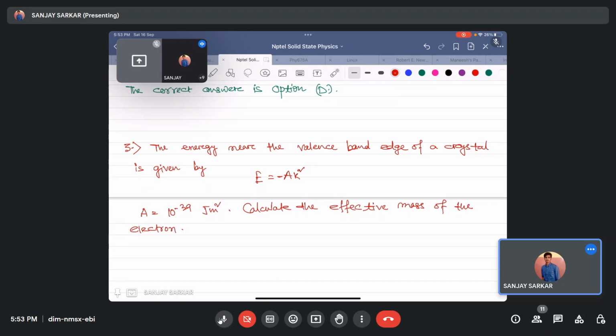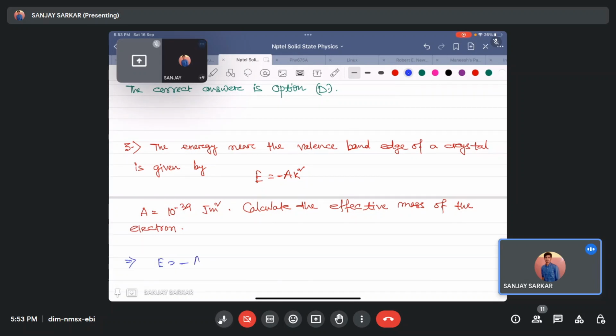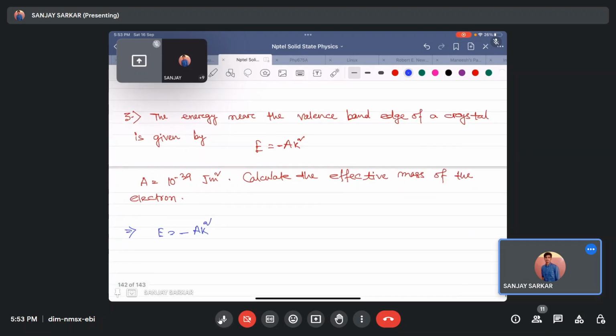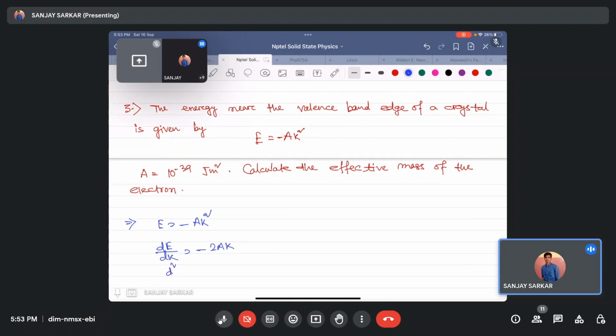Well, so let's do this. E is given as minus a k square. What you need to do is dE by dk and d2E by dk2, so you will get minus 2ak, and then d2E by dk2 is minus 2a.